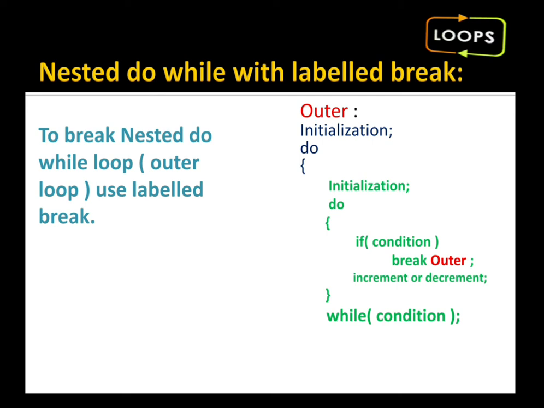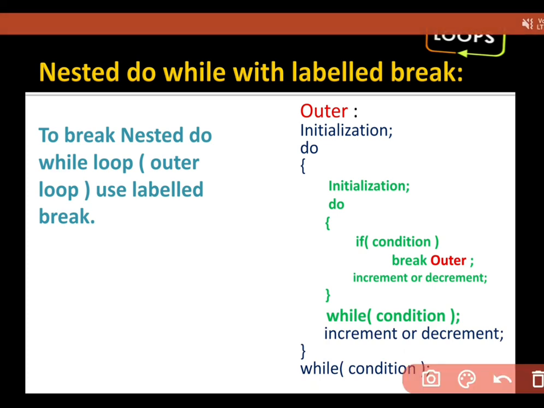In the body we write the inner do while, and after that the increment or decrement and the while condition. I'm ending the outer do while. Here I'm using a break outer. Break outer means I want to end my loop and come here. Is it possible? Yes, it is possible.